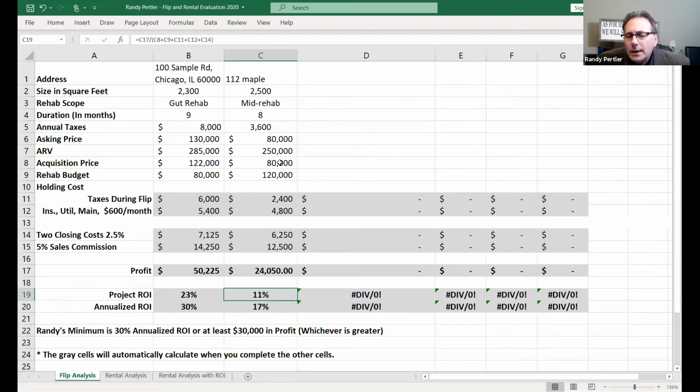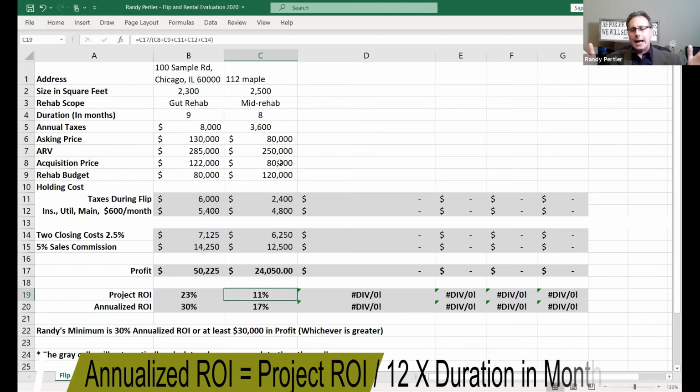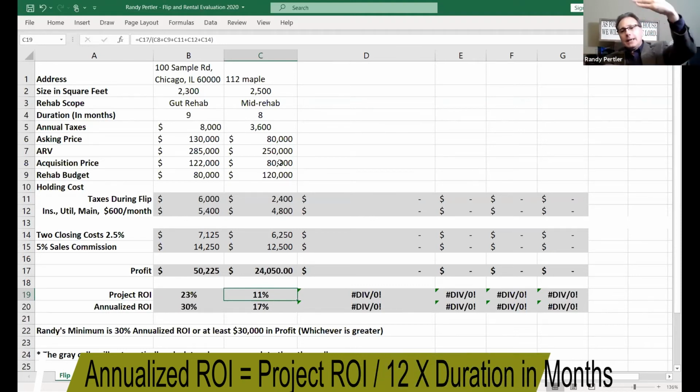Now, I always calculate not only the project ROI, but I also want to calculate the annualized ROI. And there's a difference. The project ROI doesn't look at time. It looks at how much money did I make divided by how much money I put into it. That's a simple formula, right? It doesn't matter if it takes me a year, 2 years, 1 month, whatever.